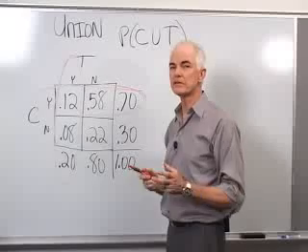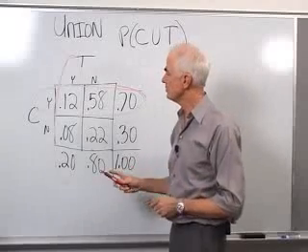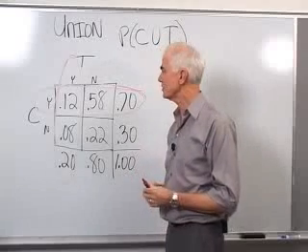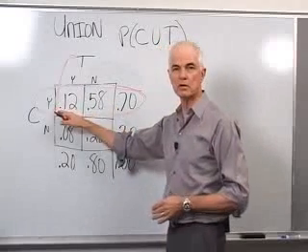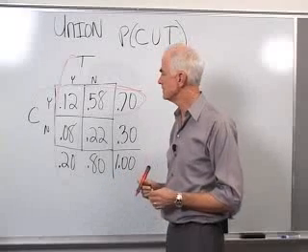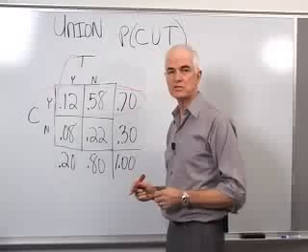The only problem with this is that you might have noted that the cell that has the intersection of the two, the 0.12, was included in both the row and in the column, and therefore was double counted. So we can do one of two things.